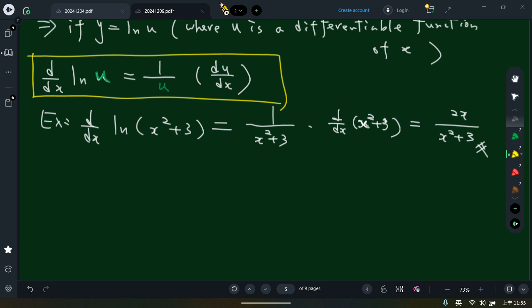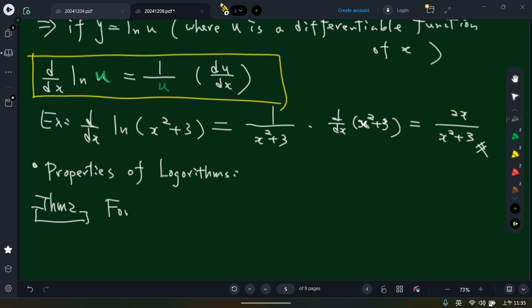Then I will show you some properties of the ln function. So here are some properties of logarithms. The so-called theorem 2: for any positive a, and x is also positive.